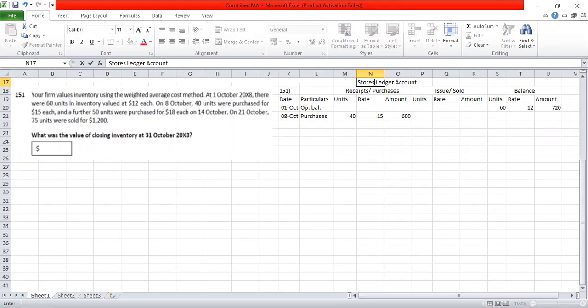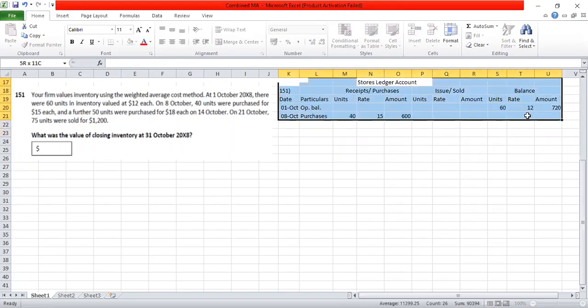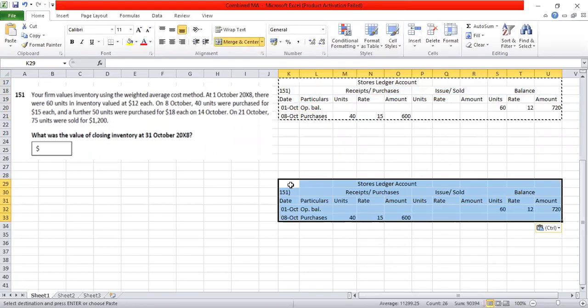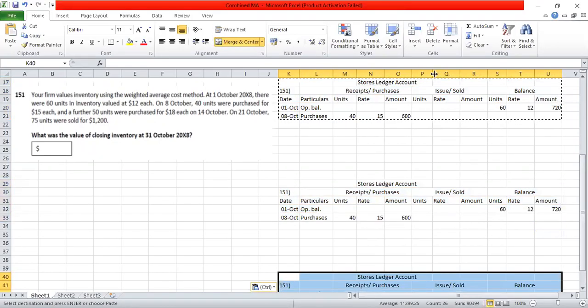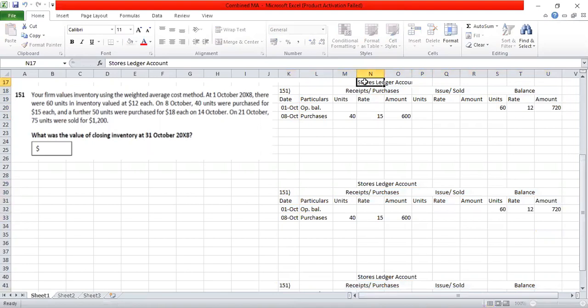The same set of data, we will be using it for LIFO, FIFO, and weighted average. So I'm just copying and pasting it here so that I will use the same format and then work it out. Let's start with the first one. Of course, they have asked it only for weighted average, but we are also using it for FIFO, LIFO, and weighted average.